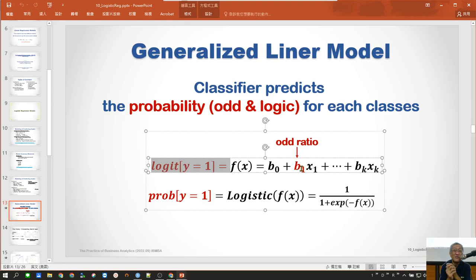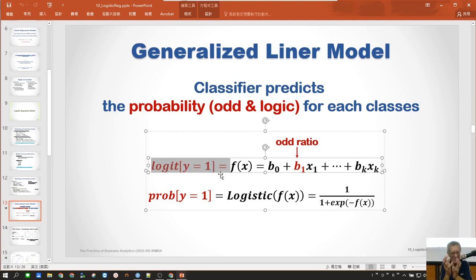Very few business managers know what logit means, right? So you basically have to do some transformation before you can actually use it in a business context, right? Okay. I mean, mathematically, this coefficient is the marginal effect of x to the logit of y equal to 1.